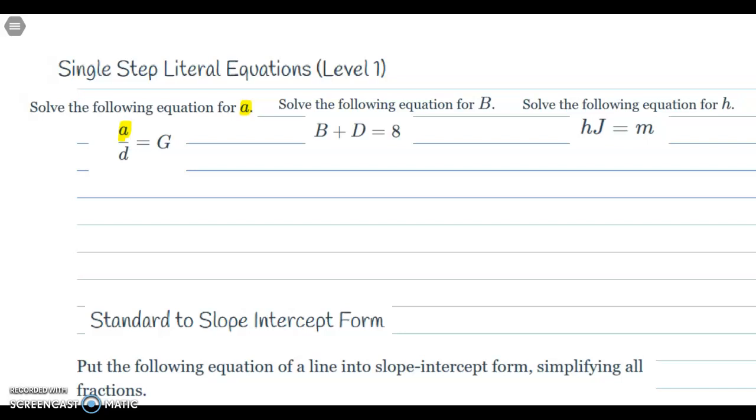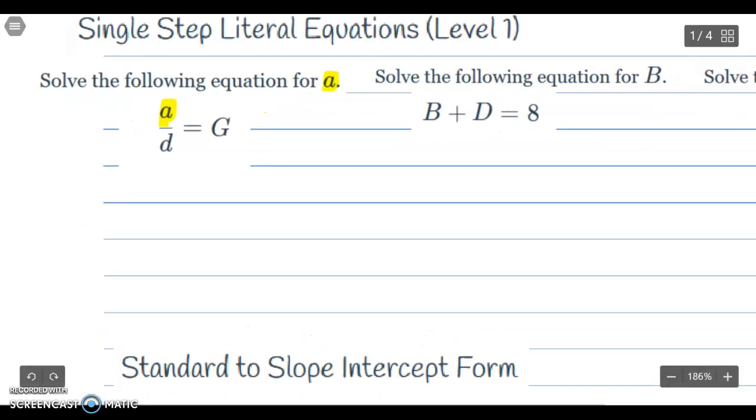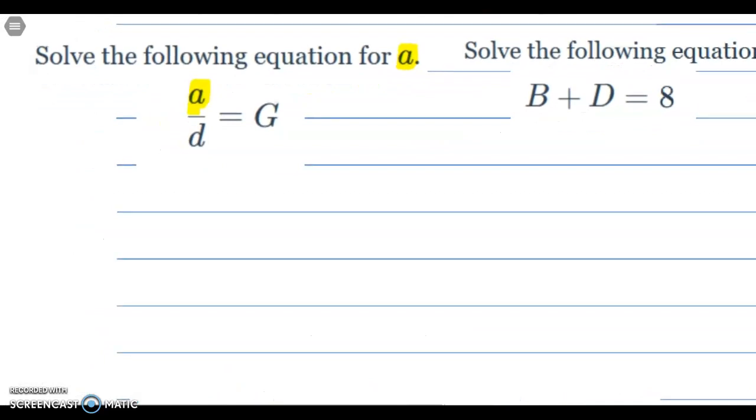So in this first one, it wants us to solve for A. Then the next one wants us to solve for B, and then H. So I'm going to focus on the first one, solving for A. You see, I already got it highlighted here. I'm going to solve for it like it was X on a regular equation.